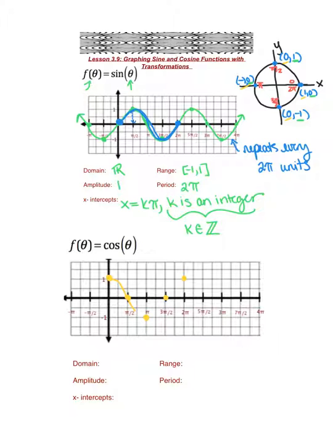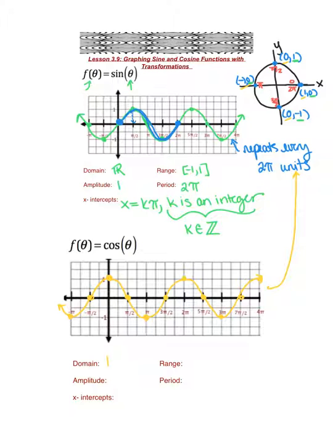So this is one cycle or one trip around the unit circle, and then the cycle will repeat itself as I go from 2 pi to 4 pi. I'm just going to follow my pattern. Make sure I put some arrows on the ends because the cycle will repeat itself over and over and over. And again, it's also going to repeat every 2 pi units.